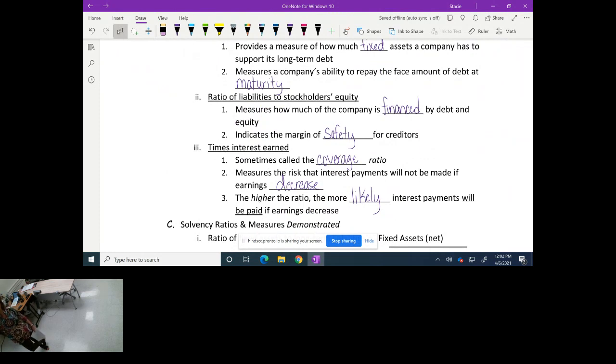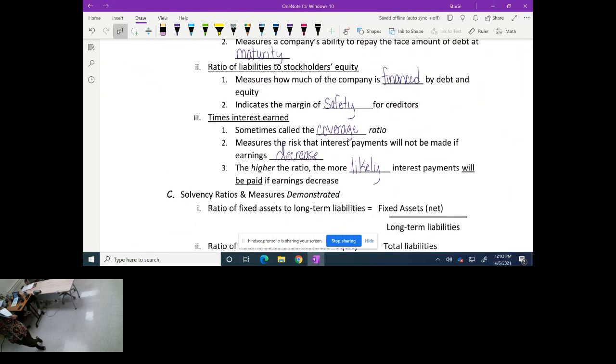The ratio of liabilities to stockholders' equity shows how much of the company is financed by debt and how much by equity. Remember, debt is going to be bonds, loans, things like that. Equity is going to be stock. It indicates a margin of safety for creditors.